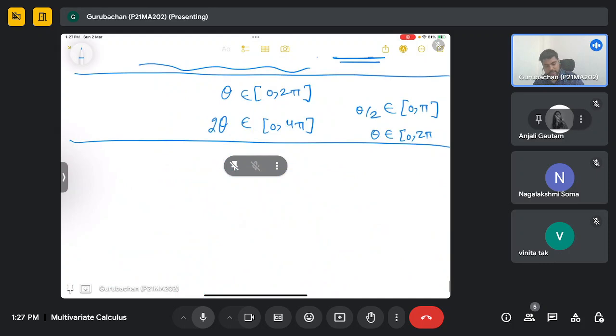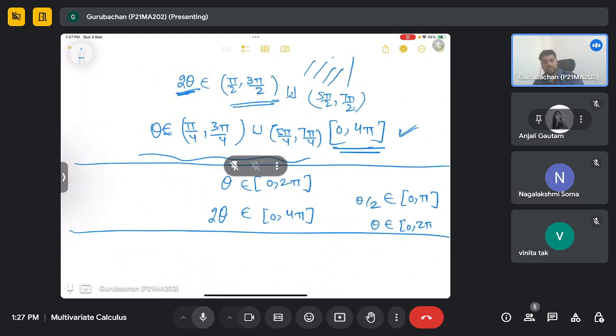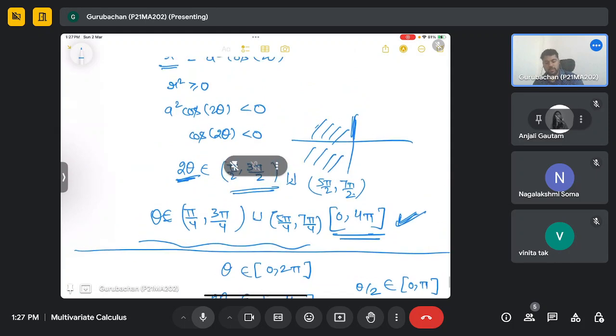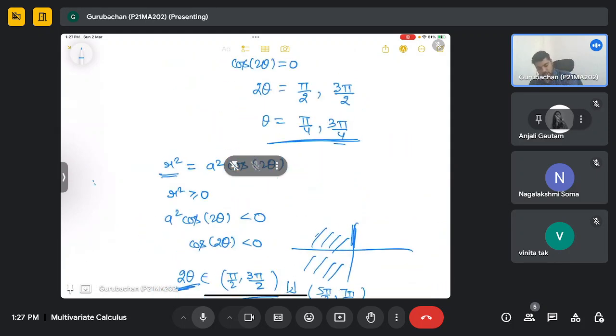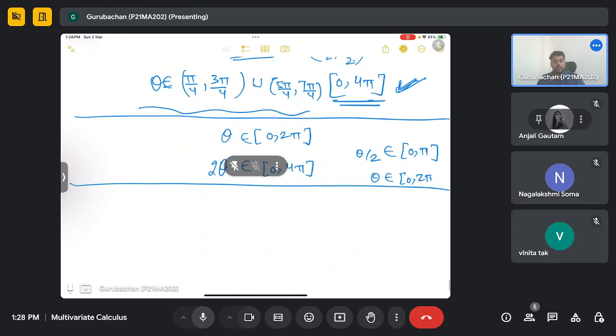And we know that we should not draw for values of theta belonging to this region. Now we know where we do not have to draw.